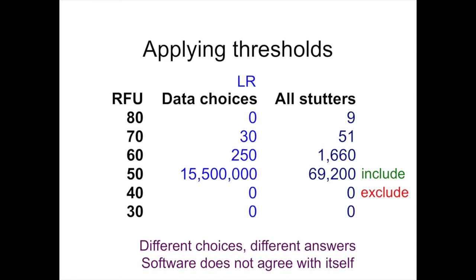That sliver of threshold change made all the difference between inclusion and exclusion. There were other parameter assumptions and user choices, but close threshold values of 30 and 50 RFU led to diametrically opposite conclusions. Different choices gave different answers. The software did not agree with itself.